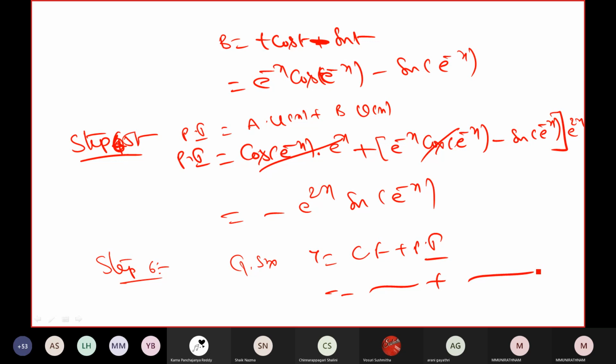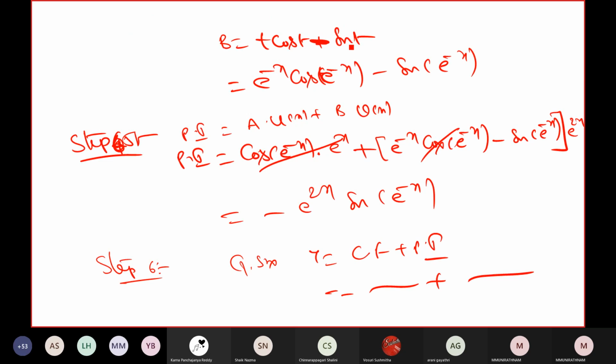Now we go for the next problem. Those who have finished, think now. Solve D square plus a square into y equal to secant ax. D square plus a square equal to secant ax.